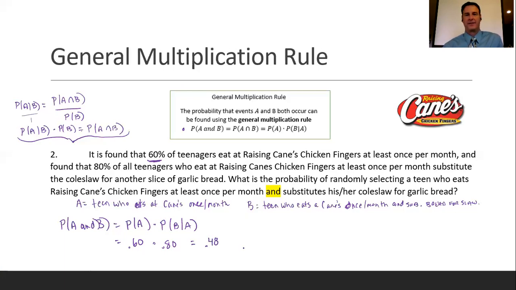And you are done. Okay, emphasize this word here, and. Okay, look for that. That's usually in the question, and that kind of helps us move through this problem a little bit more easily. Okay.